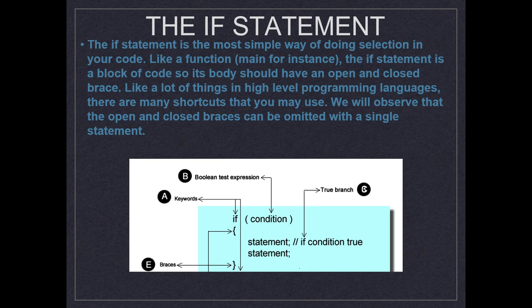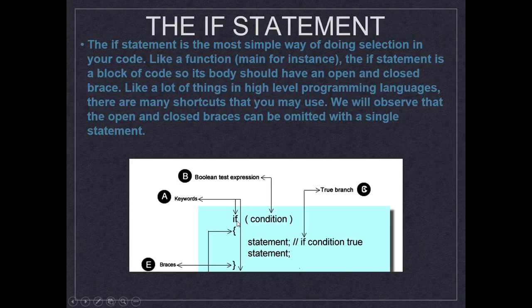So really quickly, let's look at this. We have a keyword if, and then we have in parentheses a Boolean test expression. Okay, so there's something wrapped within these parentheses. And then we have curly braces. And then we have statements that are inside of this. Let's break this down real quick.